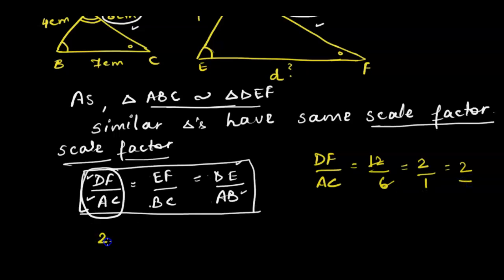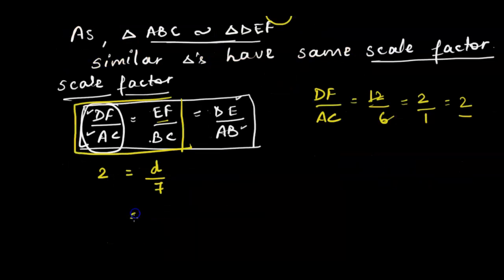So we would put 2 underneath this, equal to, we are looking for EF, that is represented with D, lowercase, over BC side length, that is given to us as 7. So we can first use DF over AC equal to EF over BC, and once we are able to get this side length, then we can use the scale factor DF over AC with DE over AB in order to get the unknown side length here.